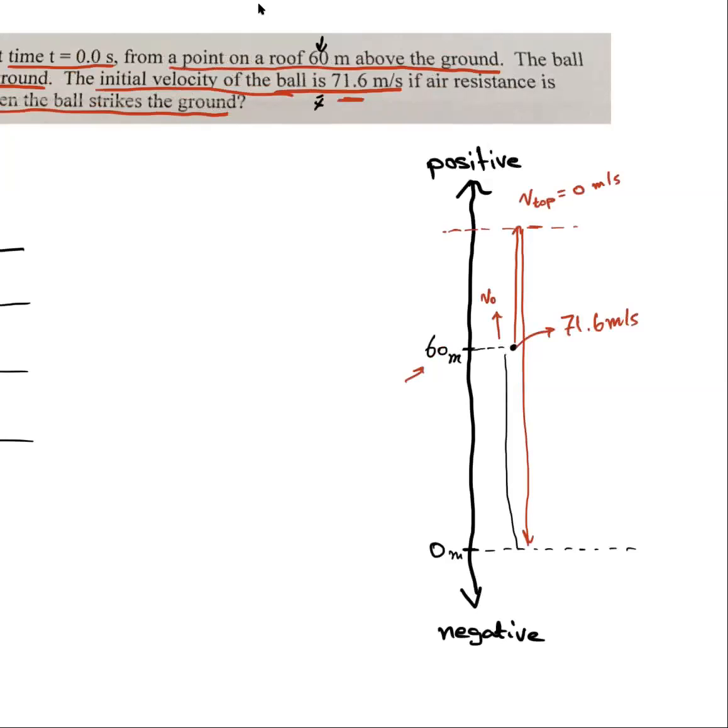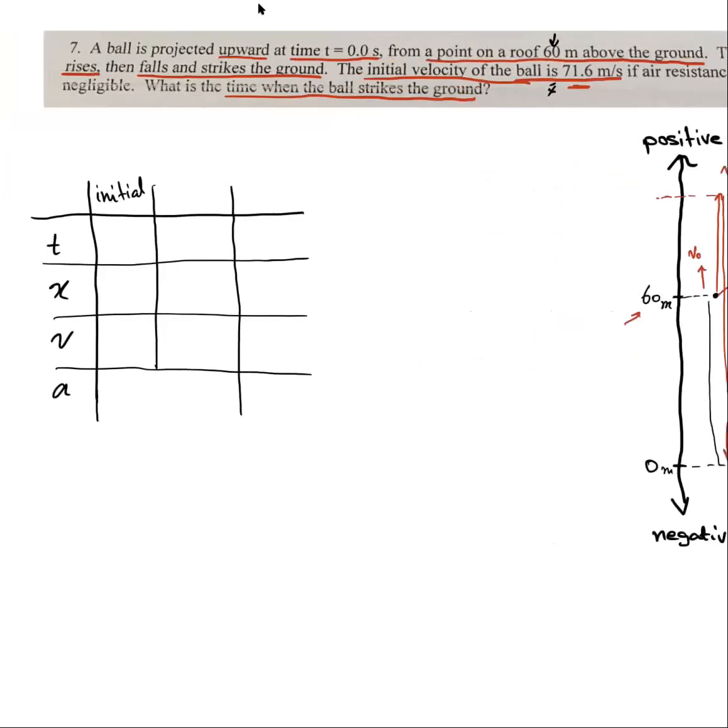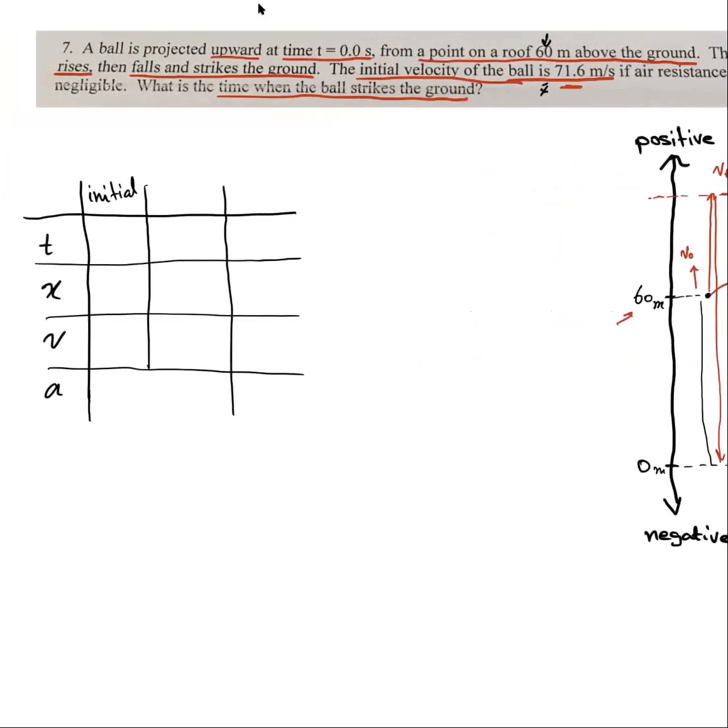So my question right now is, what would be the direction of acceleration in this problem, and what is the value of the acceleration? And that would be information that we're going to put right here. So it is correct.